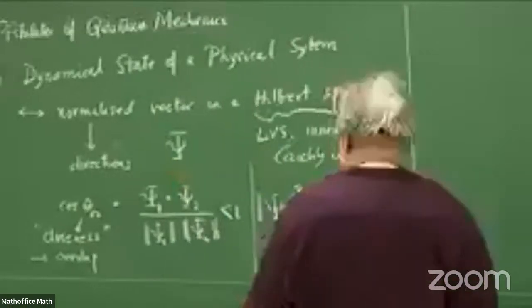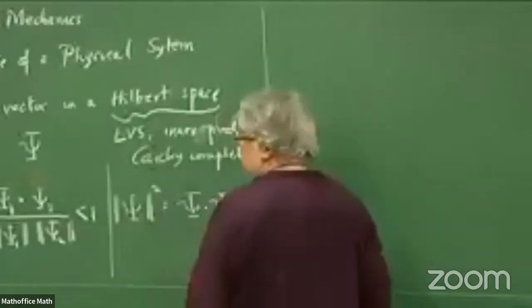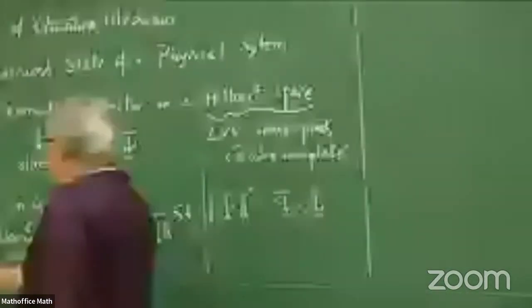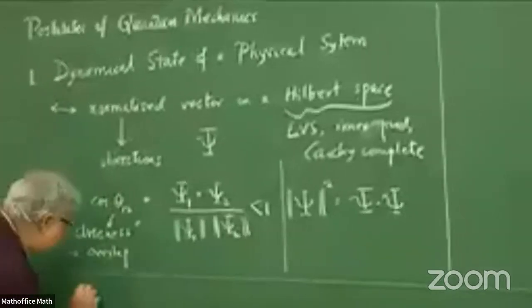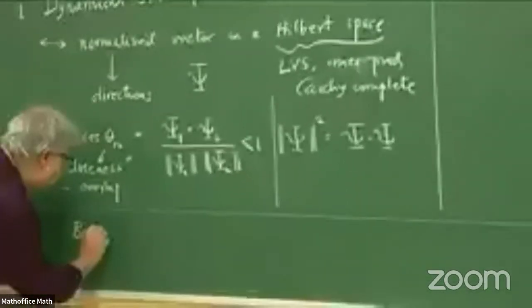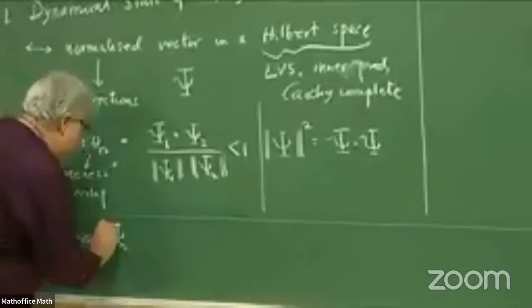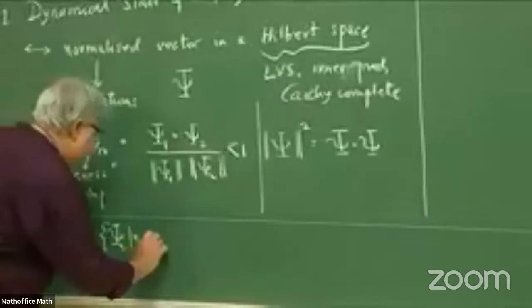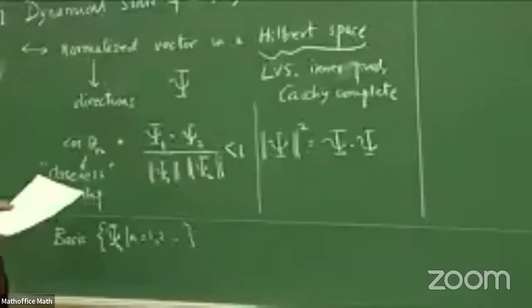Okay. Now the next thing, let me just write it here. Since it's a Hilbert space, you could have a basis consisting of psi n's. Now n can be continuous. I've taken a discrete basis, but it could well be continuous.